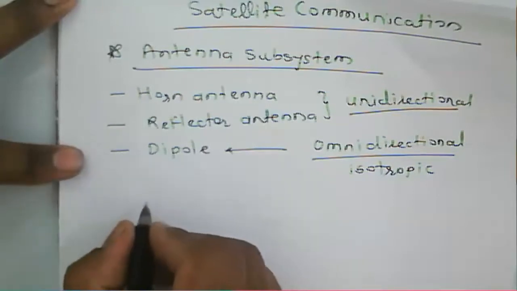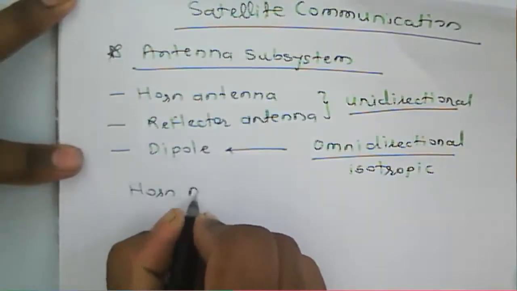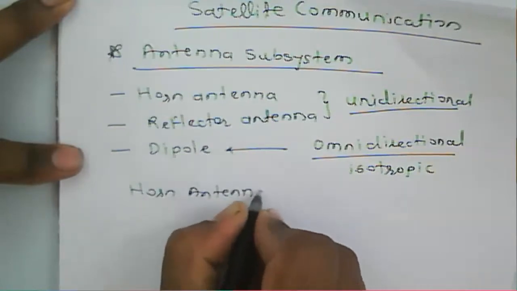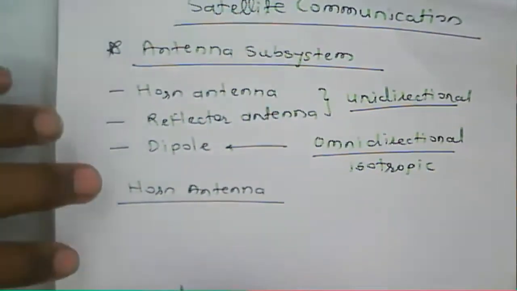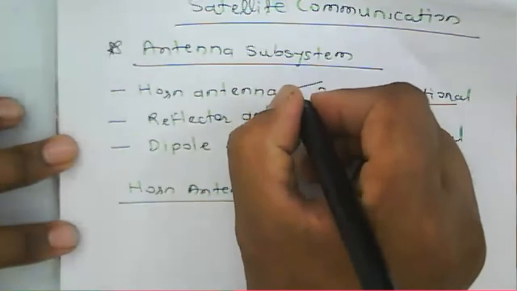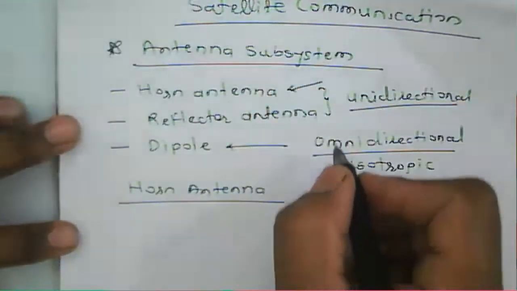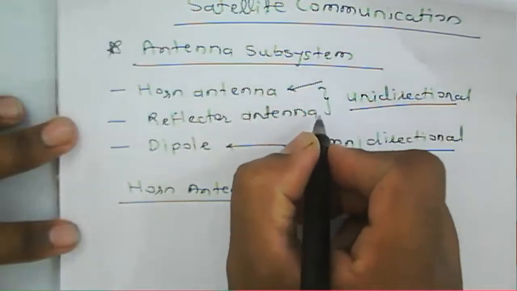Now there are various types of horn antenna, and that antenna is used for satellite communication. If you consider the horn antenna here, in that case we can consider it for complete coverage or global coverage.